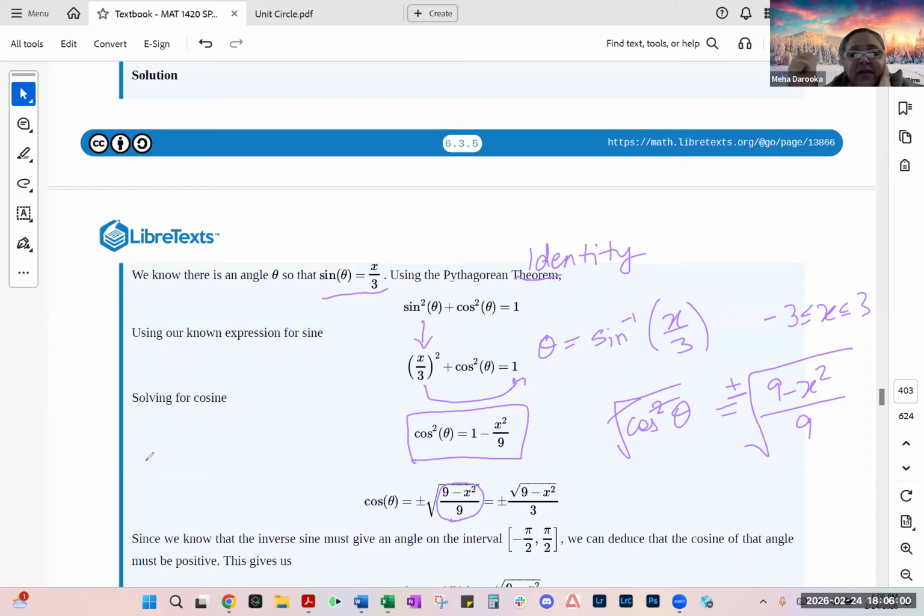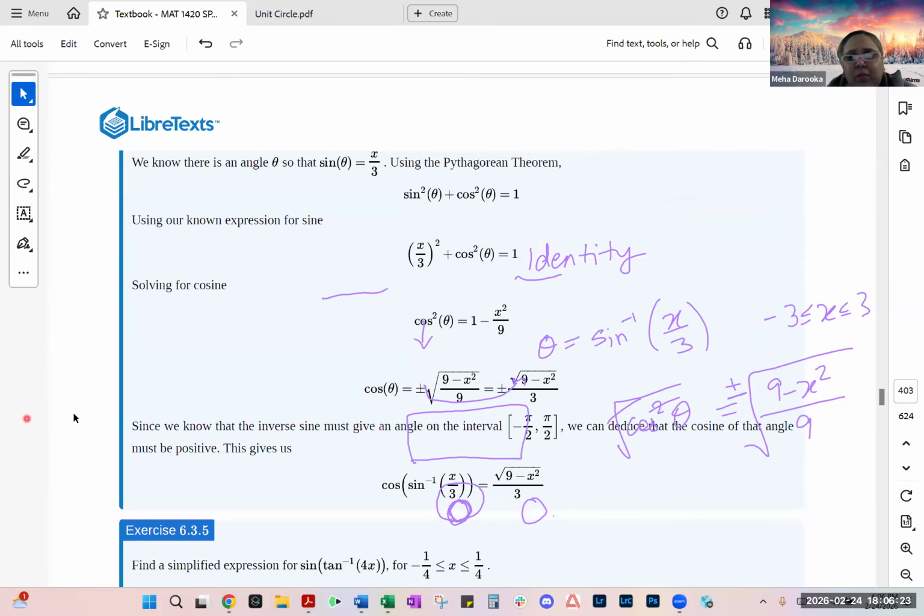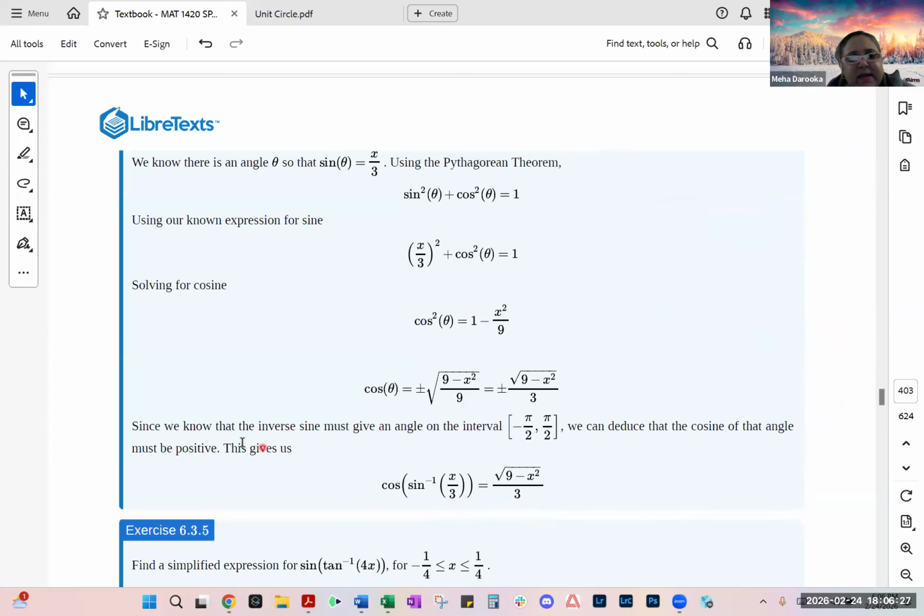All right, guys. So yeah, you can see now again, we are basically at cosine of theta equal to positive or negative square root of 9 minus x squared. And then, of course, on the denominator, you can see the square root of 9 can simplify just into 3, right? So we can go ahead and simplify that denominator. And then when it comes to choosing, do you have a positive or a negative root?